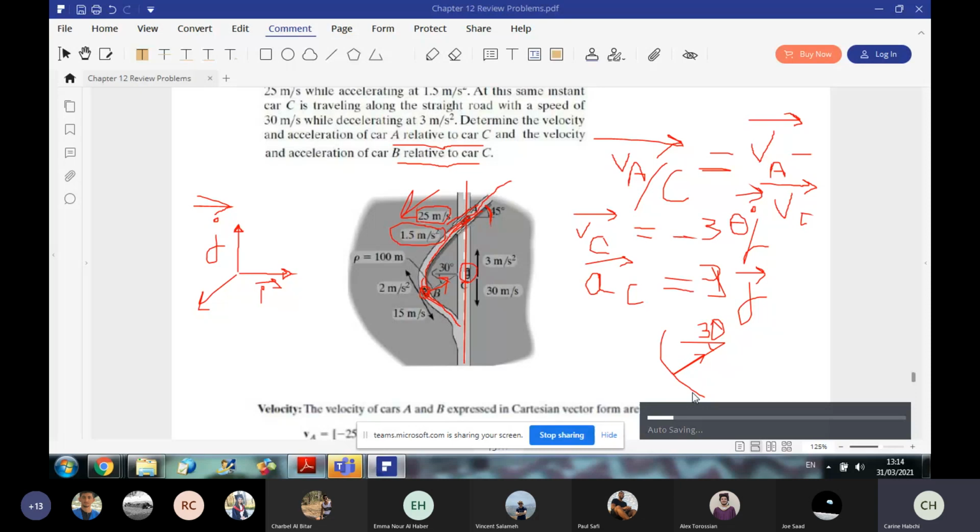Because the tangential acceleration is upward, this means that we have a decreasing velocity. So here we have UN, and this is UT.